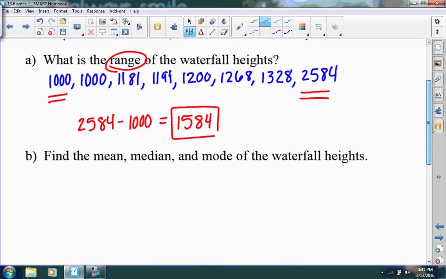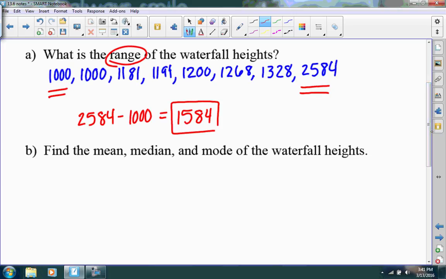Next, they want us to find the mean, median, mode, and range of the waterfall heights. So remember that the mean is the average. You definitely want a calculator for this, because we're going to have to take all 8 of these numbers, add them all up, and then divide by 8. I'm not going to write this out, 1,000 plus 1,000 plus 1,181, and so on.